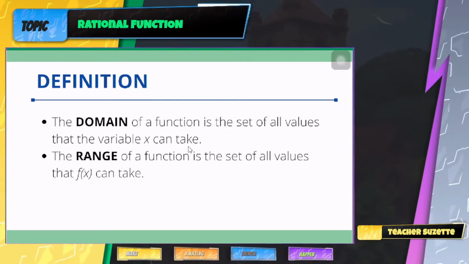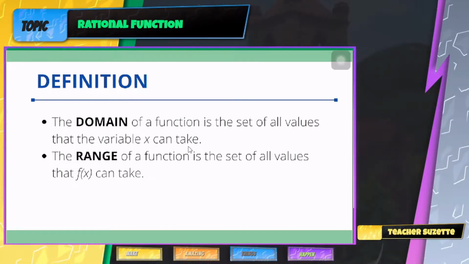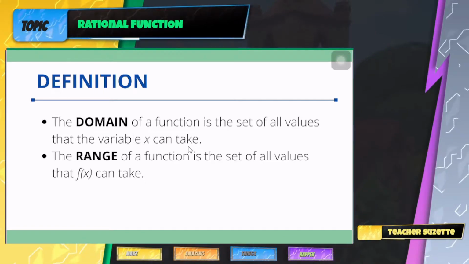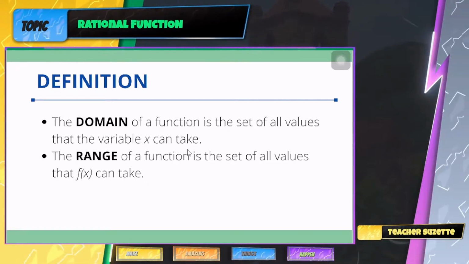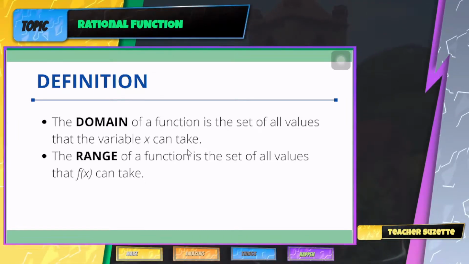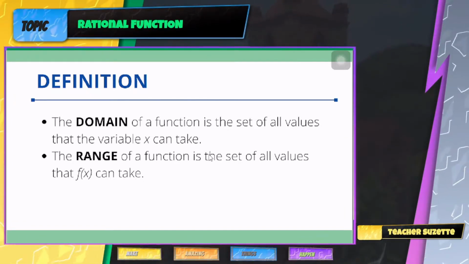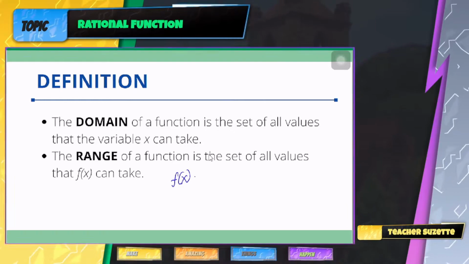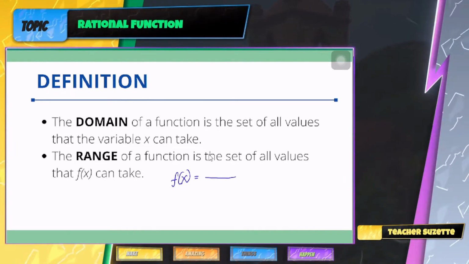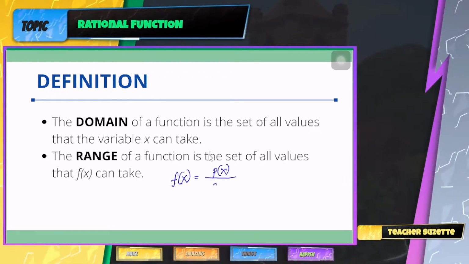So there are restrictions on what we can substitute or input into a function. Specifically, a rational function f of x has the form p of x over q of x.